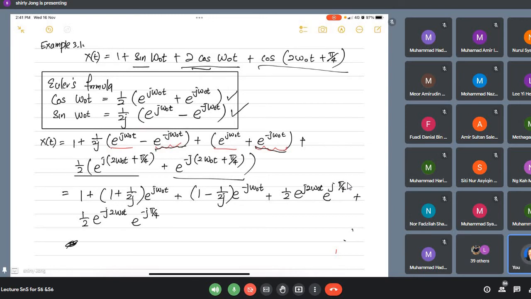Okay, so how to find the Fourier series? How to find the Fourier series?